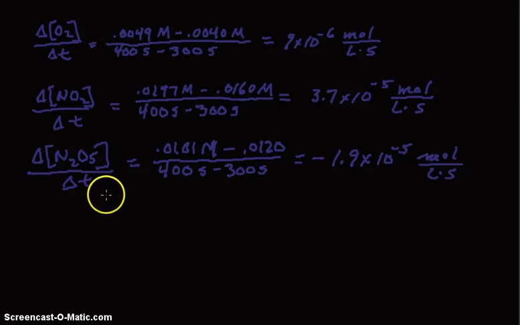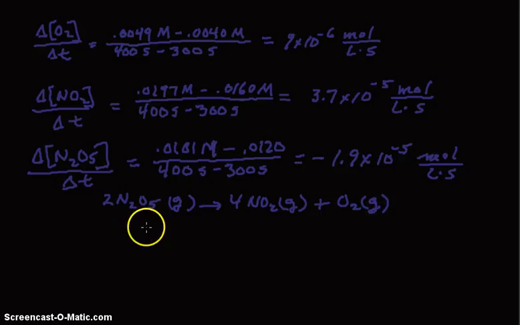And then on the basis of the stoichiometric equation, we determine the relation between the rates of the different components here. So for the O2, it was negative 1/2 the rate of decomposition of the N2O5.